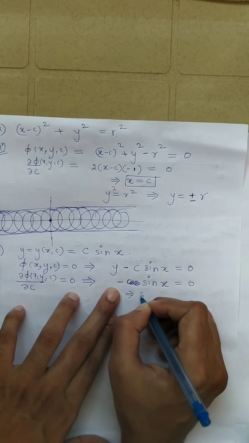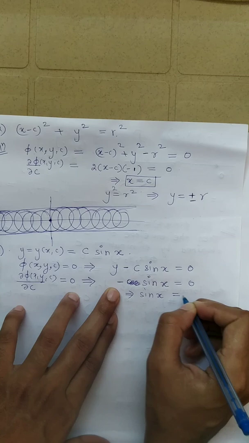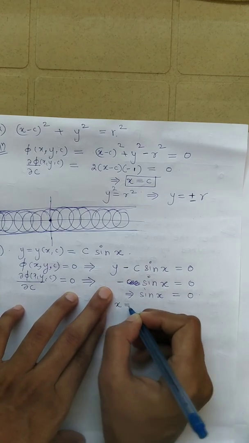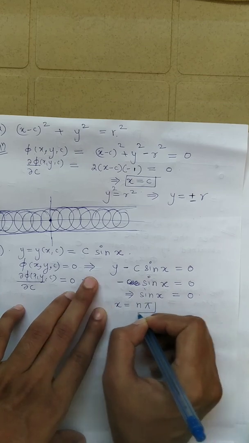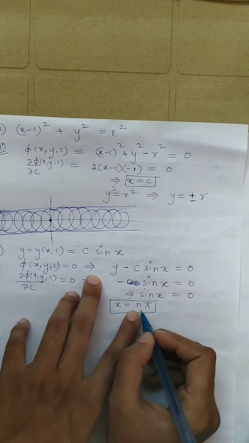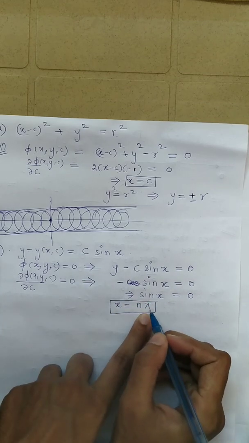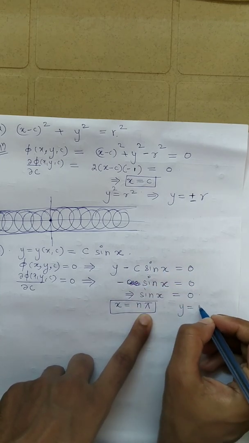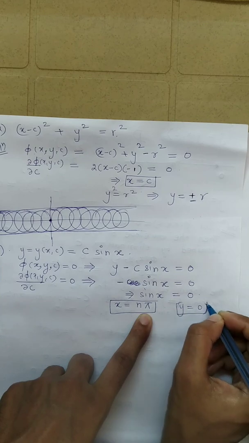That will imply sin of x is equal to 0. What does this tell? x is equal to n into pi. That means x is of the form n pi. And if we substitute it here, then we get that y is equal to 0.